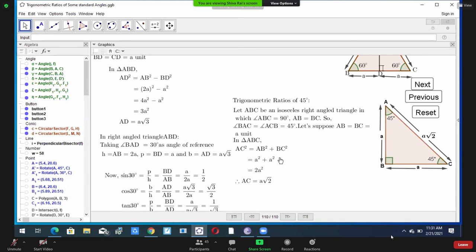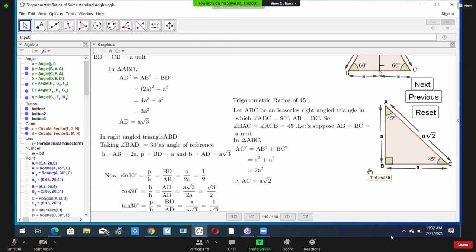Look here. In trigonometric ratios of 45 degree, let ABC be an isosceles right angle triangle. ABC is a right angle triangle at B. Not only that, this much is AB, that much is BC, two sides equal. So it is an isosceles triangle also. This is a right angle triangle also, isosceles also.